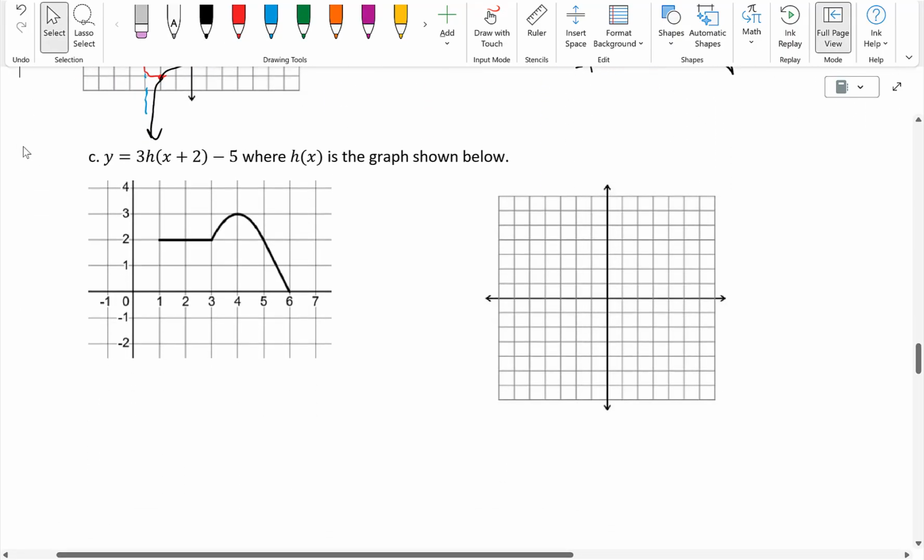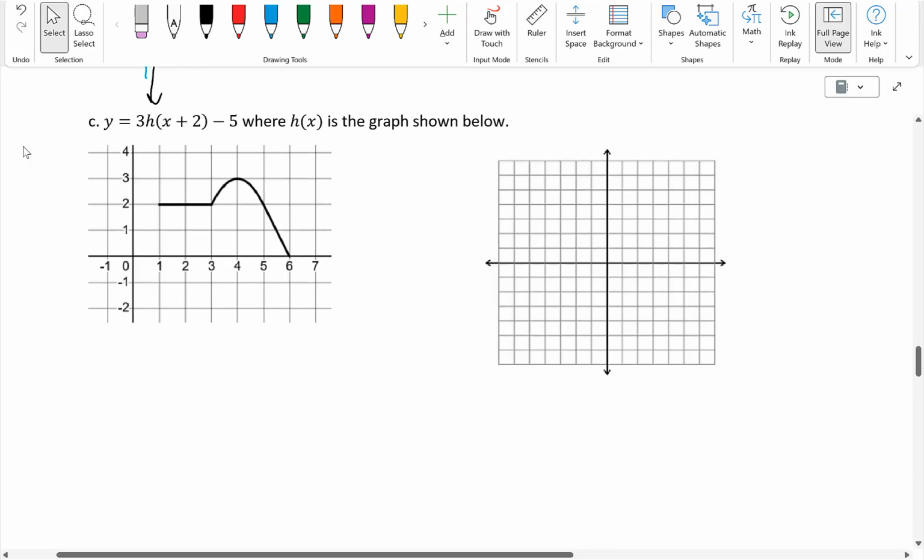For 1 in general, for C here, we have y equals 3 times h of x plus 2 minus 5, where h of x is the graph shown below. For these ones, we don't have that 0, 0 that's not affected by the factors, by the multiplication or division. So really, we just want to think about what's happening to each point. And this is where we can really talk about the shift or the stretch and really what's happening to the x's and the y's.